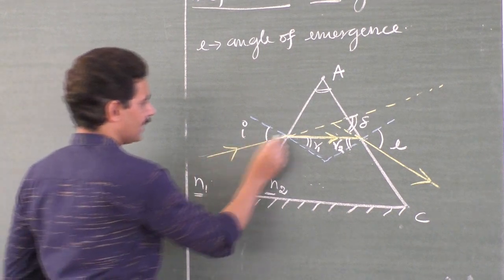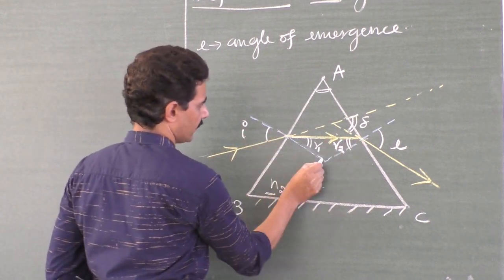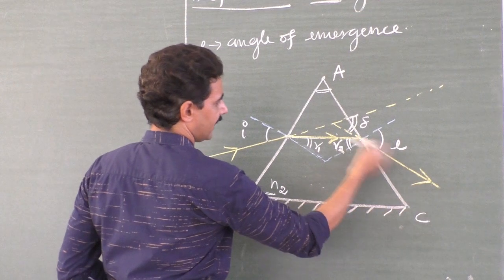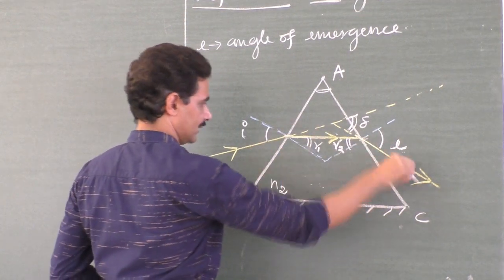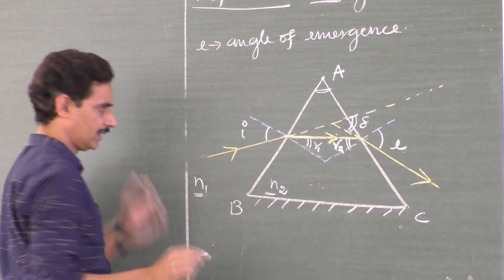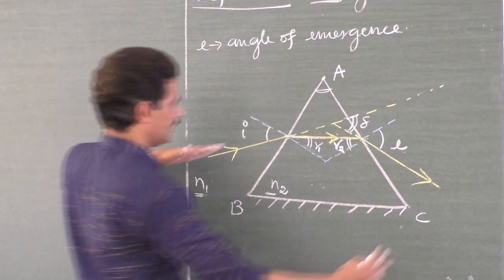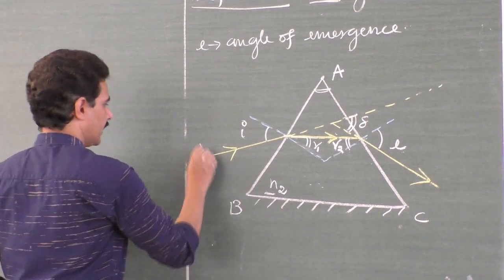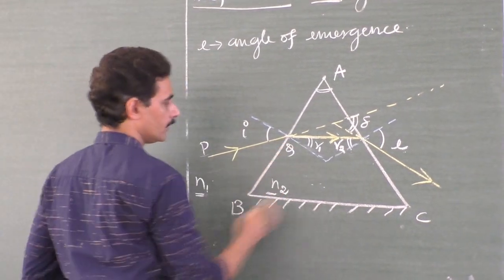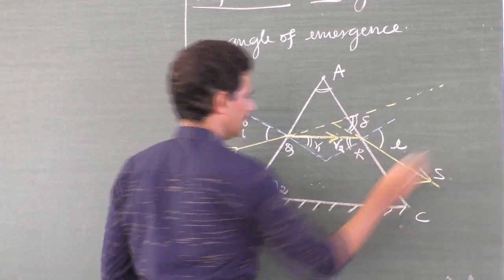So incident angle, normal. Refracted angle, normal. Here again, if you put the ray of light like this, that is angle of incidence. That is called emergence. Of course, if it is like this. If this is like this is emergence. Whatever it is. And angle between the original direction and final direction. Now we will name this. Keep on naming this. Ray PQ, RS. Okay.